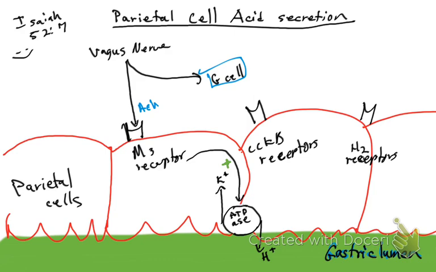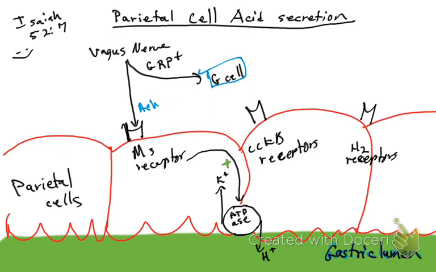Let's see what else the vagus nerve is going to do. The vagus nerve is going to stimulate the G cells right here, but what is going to go through is GRP, positive.